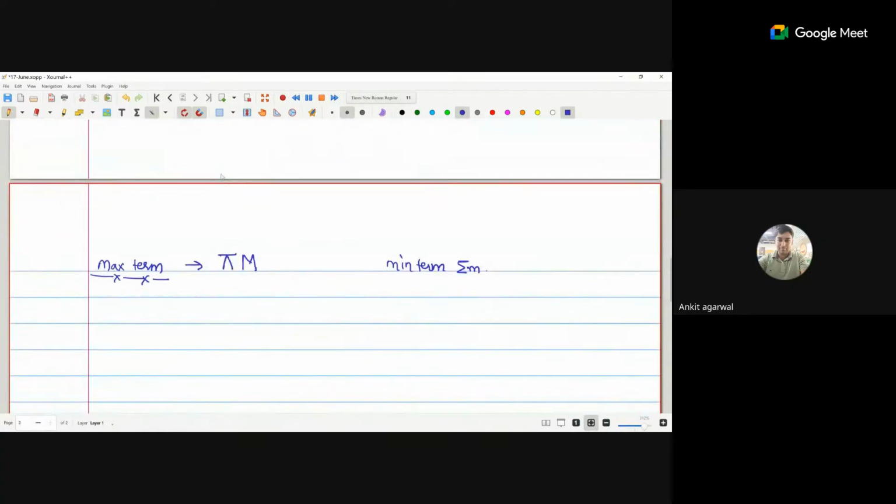Now the max term is represented only when the output is 0. Okay, only when the output is 0.